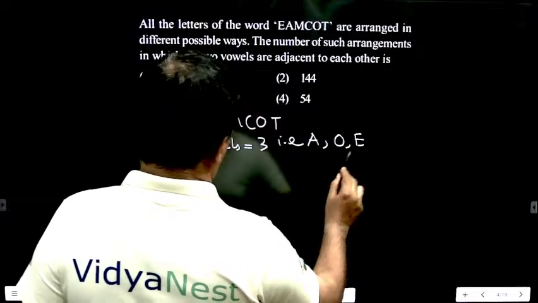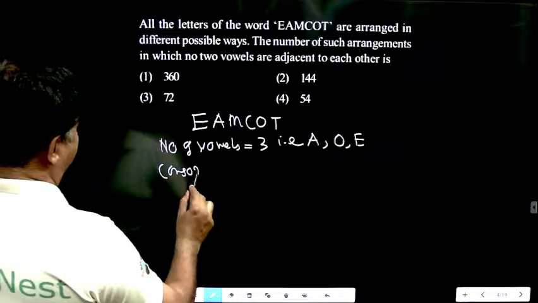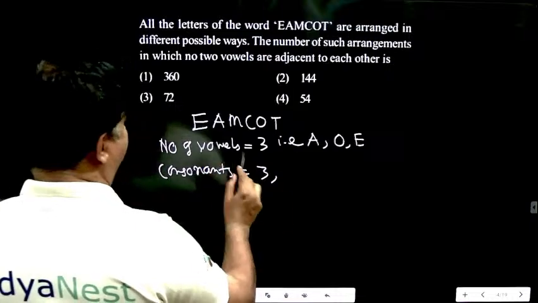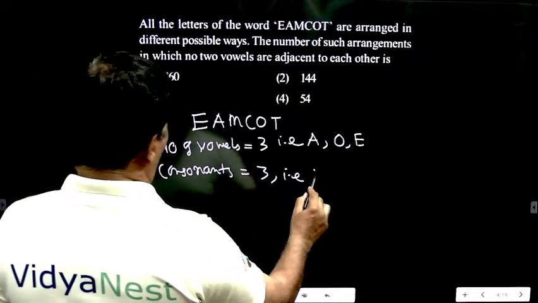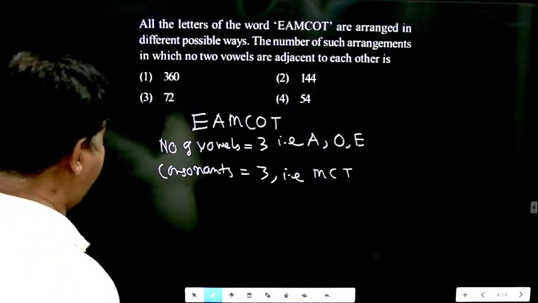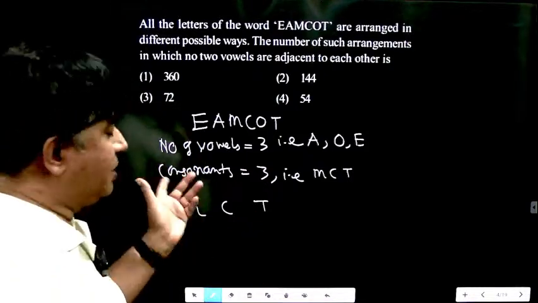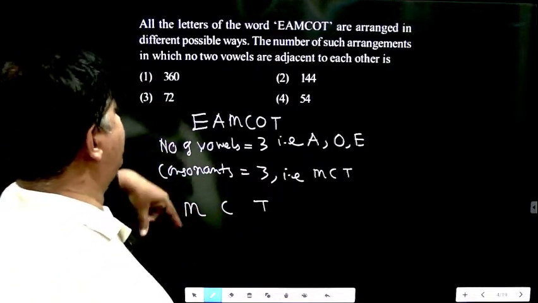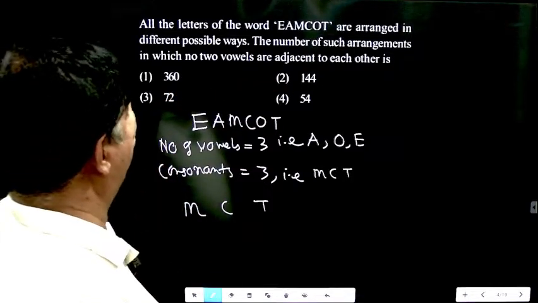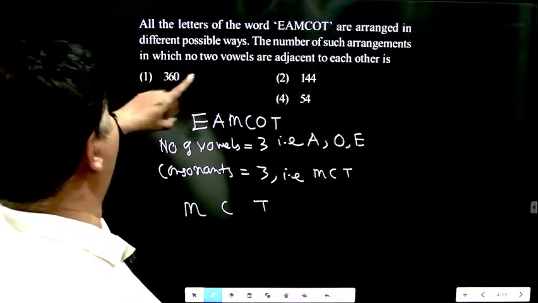And consonants, it is also 3. That is M, C, T. Now you observe, among 3 consonants, how many empty spaces are there in which I can put that vowel so that vowels will come side by side.